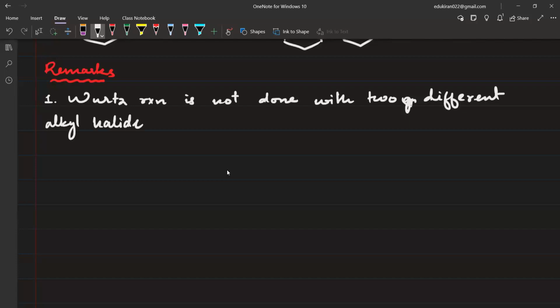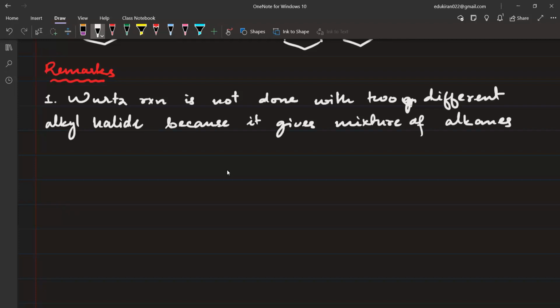Why? Because it gives a mixture of products, a mixture of alkenes, which is difficult to separate.